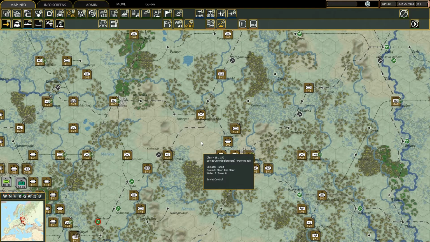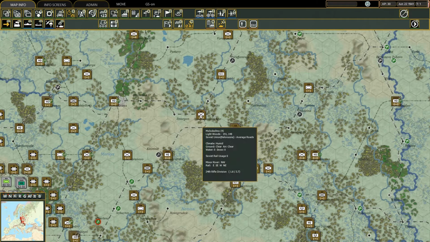Assuming that I know everything about this hex, let's say that I have enough recon level, I may get information about which units there are, for instance the name of the unit, if it's a brigade or a division, and you can see here the estimated combat value in attack and defense. Of course, this is from my point of view.